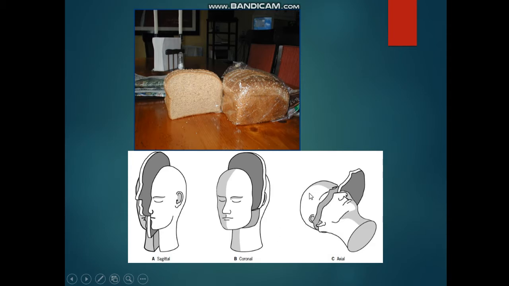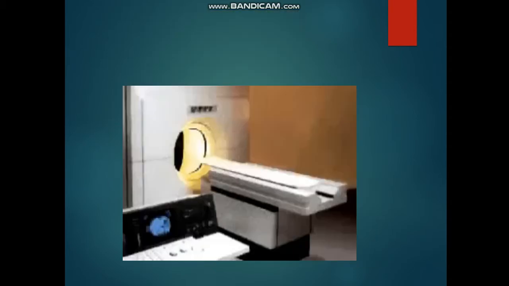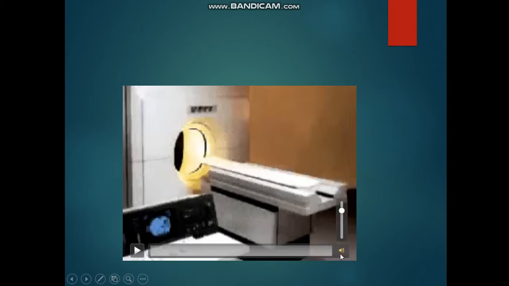In different planes, we can see the image of the investigated area. The cross-sectional images are used for a variety of diagnostic and therapeutic purposes. Okay, in this picture you can see the principle of computer tomography.